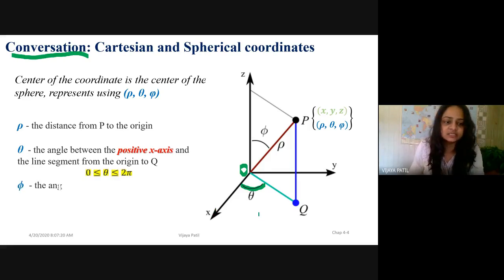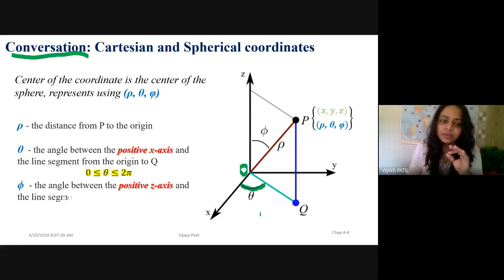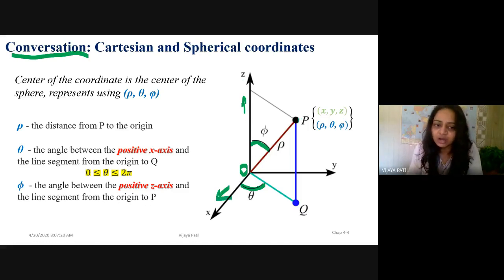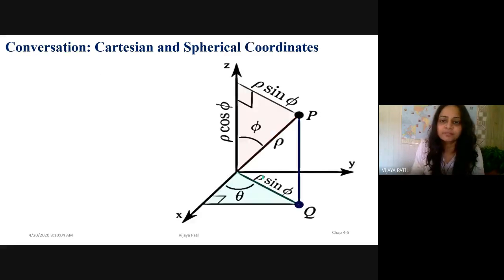We have already discussed this. Phi is nothing but the angle between the positive z-axis, which is this side here, and the line segment from the origin to P. And this is my positive x-axis here. What is the limit? The limit for this is 0 to pi.